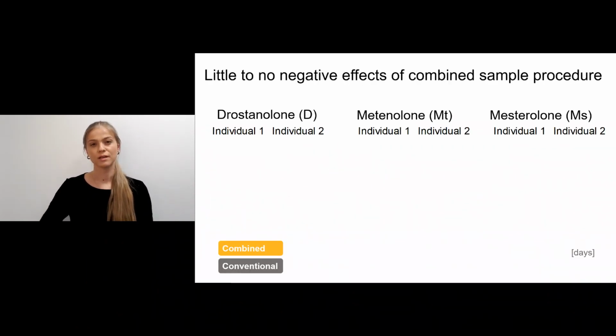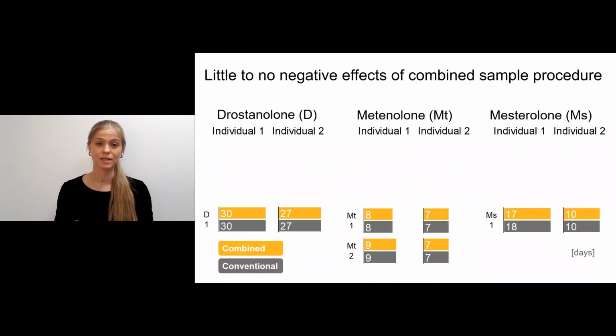So when evaluating the procedure, we decided to use excretion studies to try to simulate a real-life scenario, and we chose 3 steroids with 2 individuals each time, and used the samples where we extracted them with the 2 sample procedures.